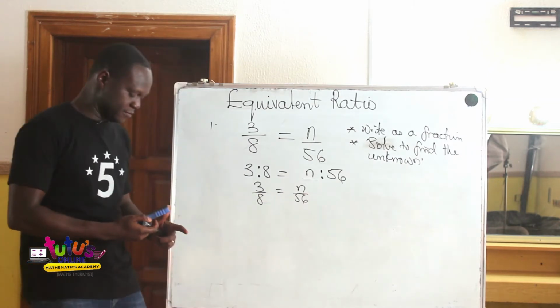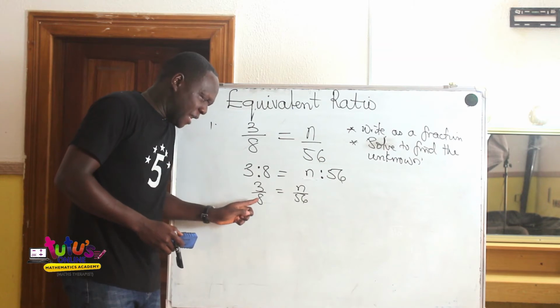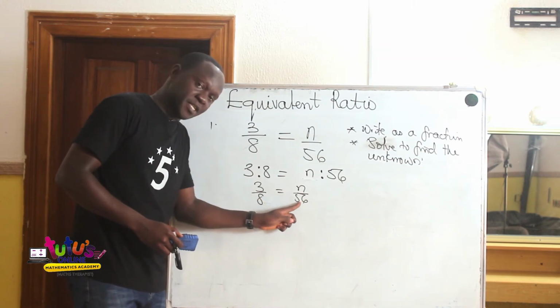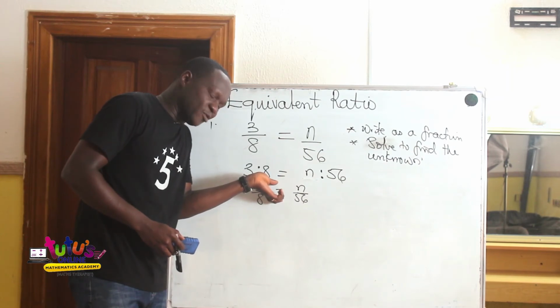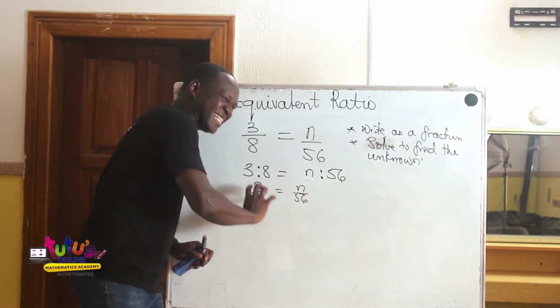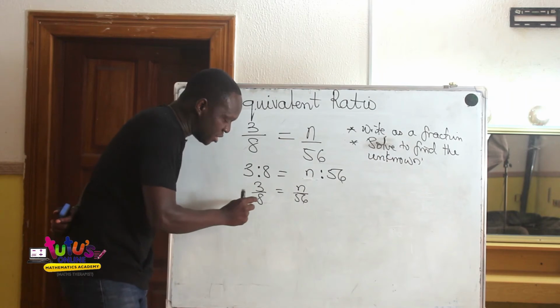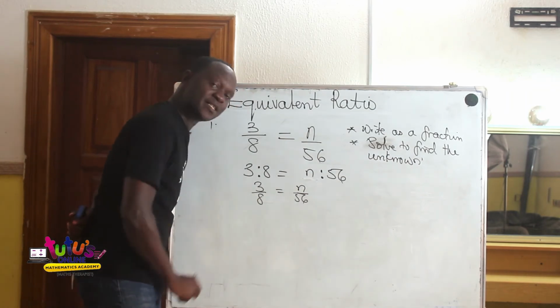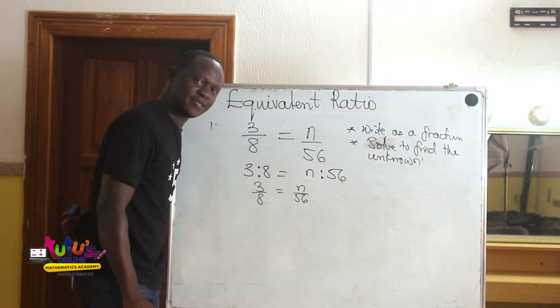Now looking at this, which number can you multiply with 8 to give you 56? This sign here is equal to; what this question is saying is that this fraction is the same as this fraction. So the question is, which number will you multiply with 8 to give you 56? That same number multiplied with 3 gives you n.